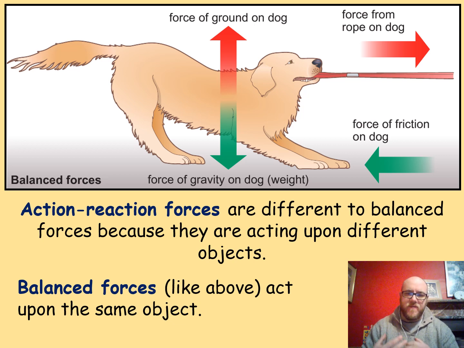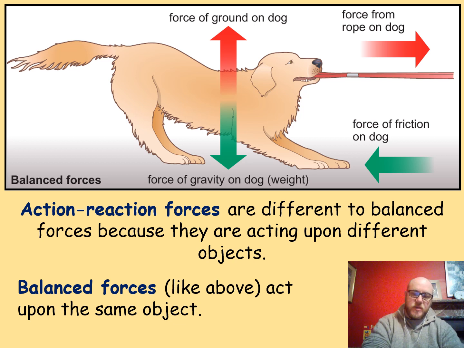Action-reaction forces involve two objects. So in the previous picture, we have the dog, the weight of the dog pushing down on the floor, the floor pushing up on the dog. Two different objects. The dog was pulling on the rope, the rope was pulling on the dog. So you had two different objects. We had the dog and the rope, we had the dog and the floor. Two different objects all the time.